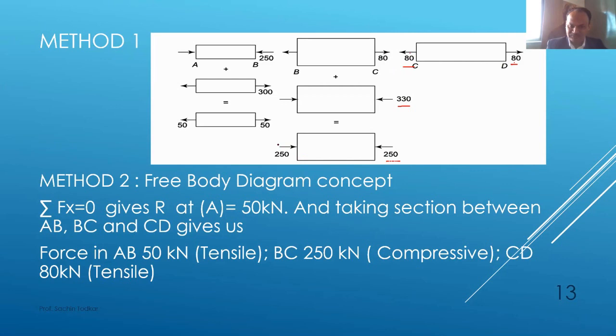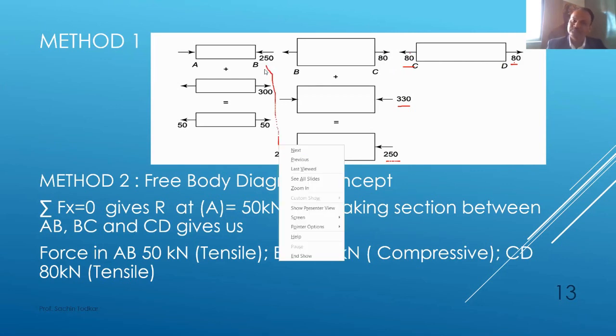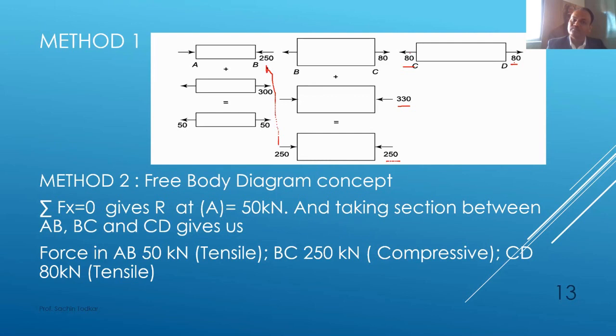So this 250 will come here directly. But on this particular segment, there is 300 kilonewton force in the opposite direction. So the algebraic sum, 250 minus 300, is 50 in this direction. So 50, 50 get balanced. So in segment AB, there will be 50, 50 kilonewton tensile force. In BC, it will be 250, 250 kilonewton compressive. And in CD, it will be 80, 80 kilonewton tensile.